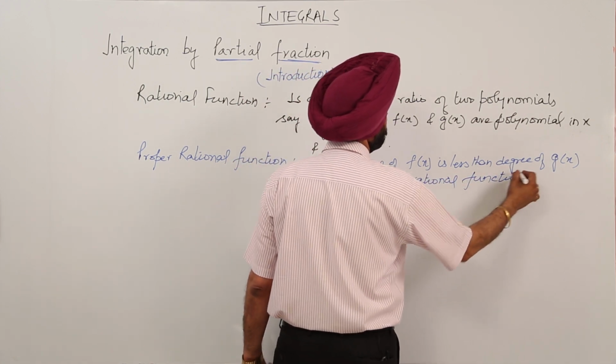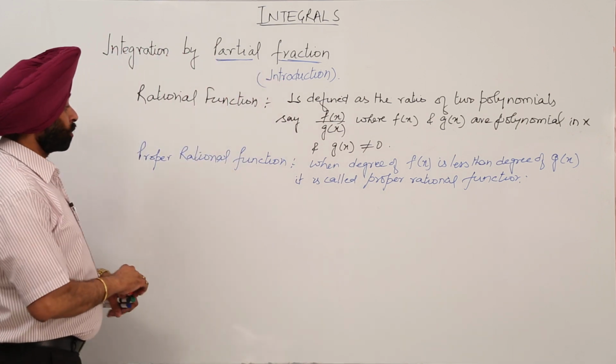Then the second term we have is improper rational function.